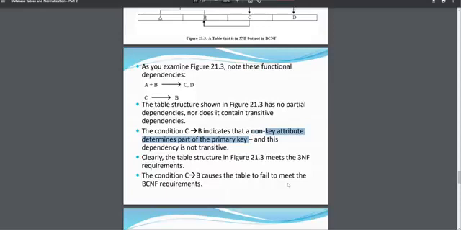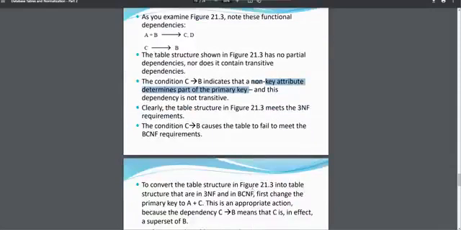Hope you understand this. Understanding these key concepts is very important. When you know these concepts, you can practically apply them, break tables into different tables, and go through the normalization steps.